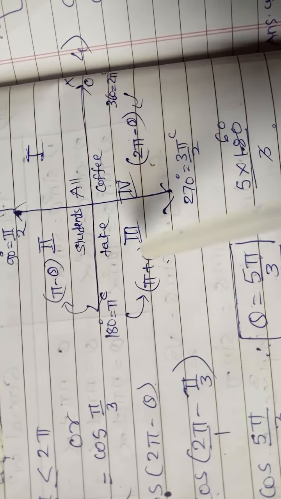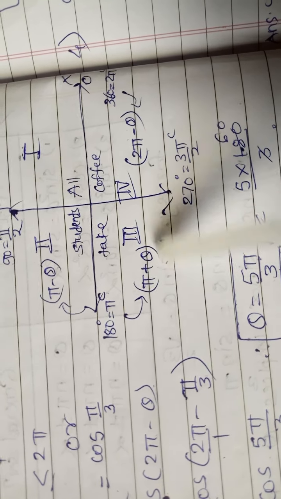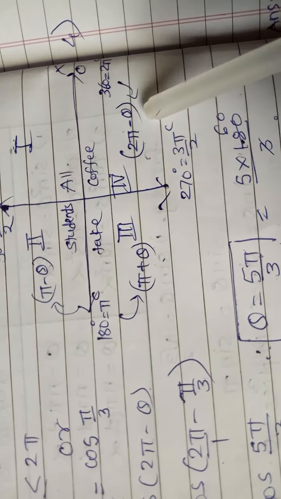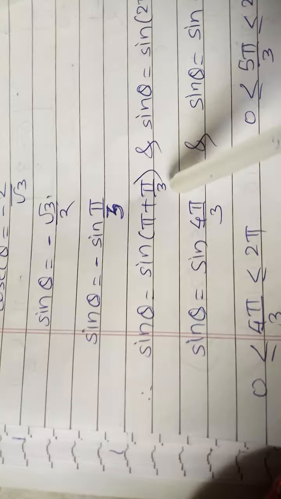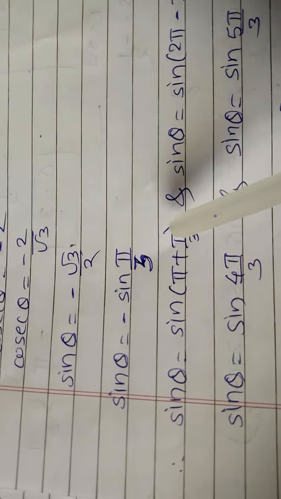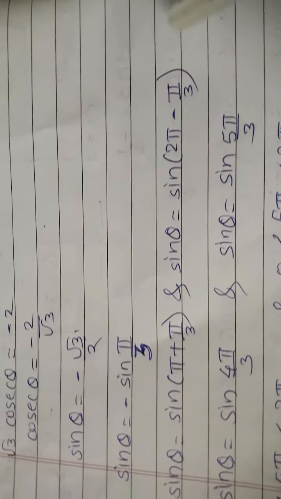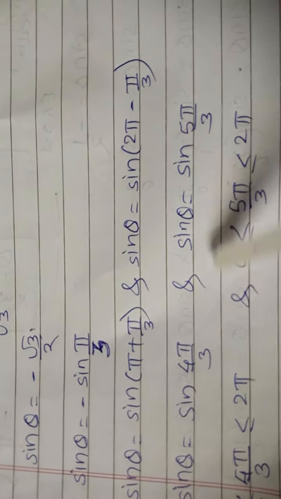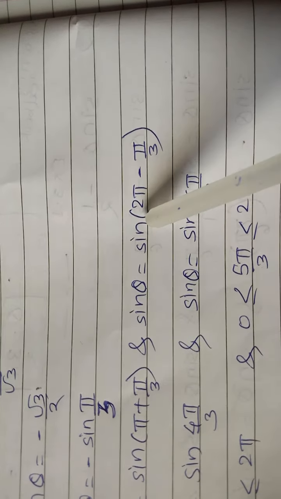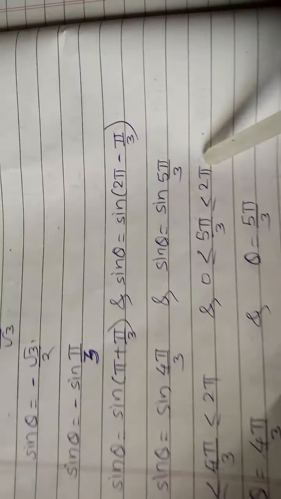So in the third quadrant we write the angles like this, that is pi plus theta, and in the fourth we write it as 2 pi minus theta. So see here, pi plus theta, where theta is pi by 3, and 2 pi minus theta, that is pi by 3. So taking the LCM we get 3 pi plus pi, that is 4 pi by 3, and here 6 minus 1, that is 5 pi by 3.